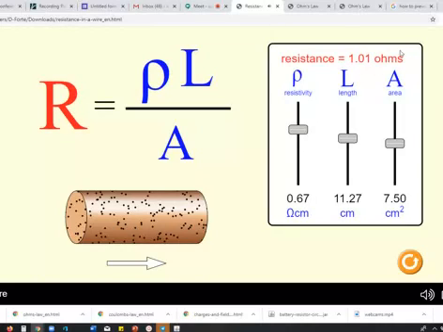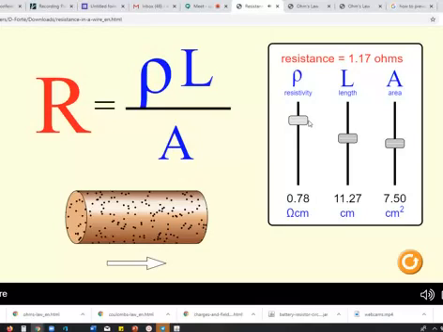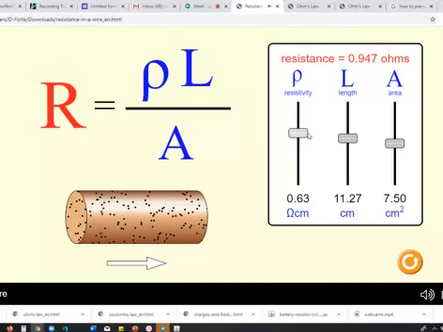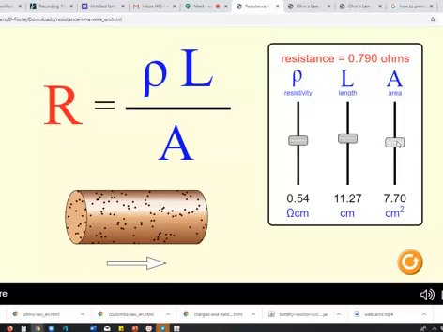Are you seeing this part of the screen? Increase in resistivity is giving a corresponding increase in resistance. Decrease in resistivity is giving decrease in resistance. Are you following, everybody? Now let's look at area. What happens to resistance when area increases? There is a decrease.